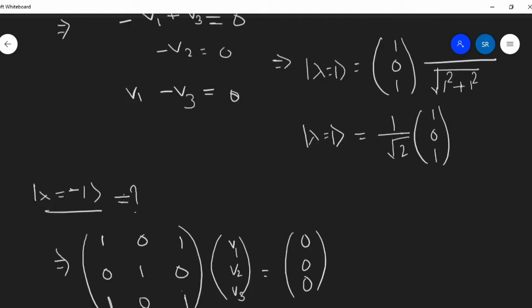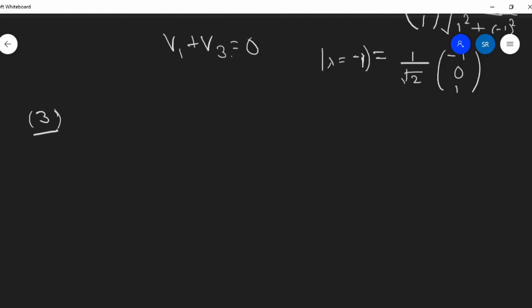What is the dagger of U? U dagger omega U, and this gives us a diagonal matrix D. Okay, we already know that this gives us a diagonal matrix, but still we're going to solve it anyway.